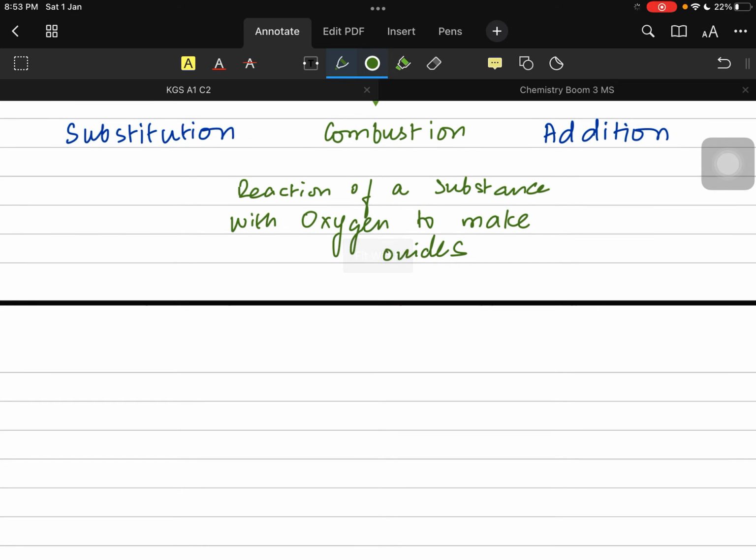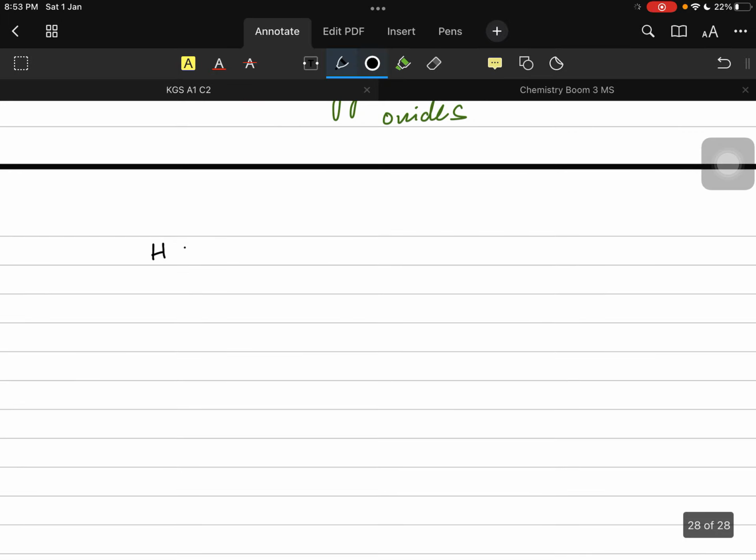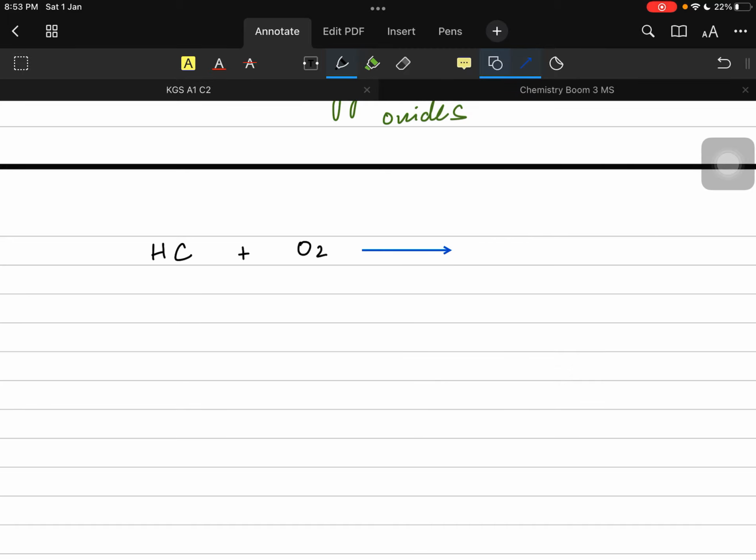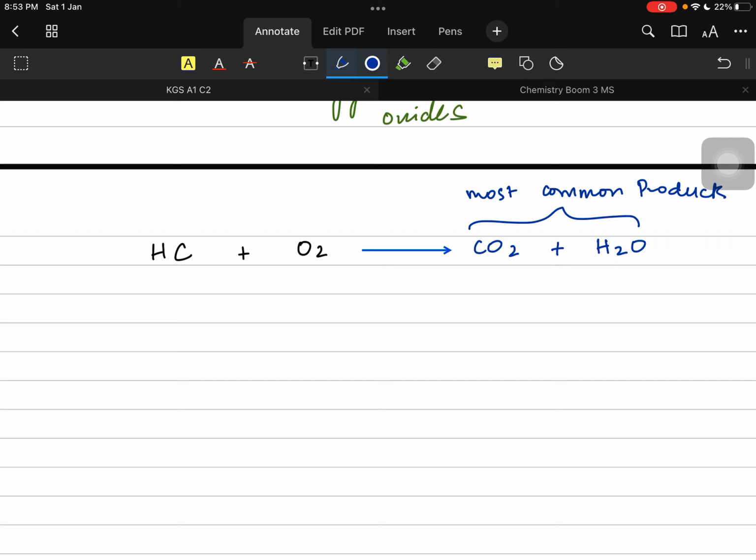For example, when any hydrocarbon reacts with oxygen, the carbon from the hydrocarbon makes carbon dioxide and the hydrogen from the hydrocarbon makes water. So these are the two most common products: carbon dioxide and water, because hydrocarbons have carbon and hydrogen. Carbon makes carbon dioxide, hydrogen makes water.